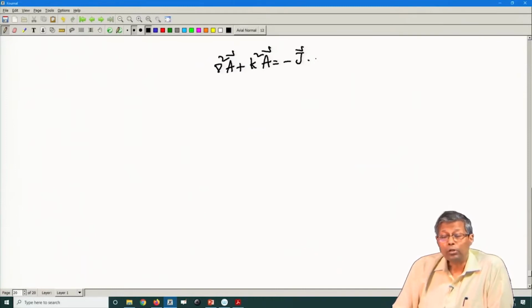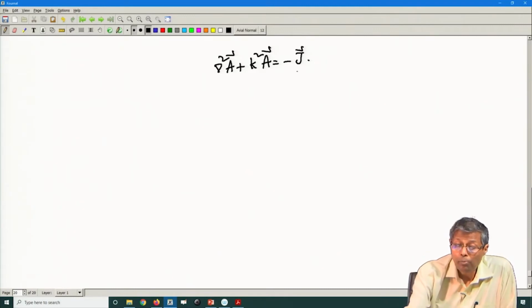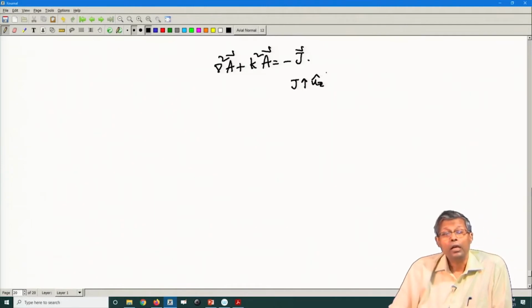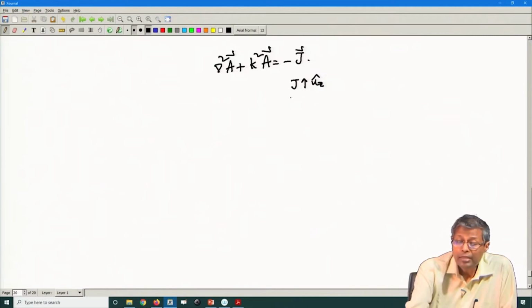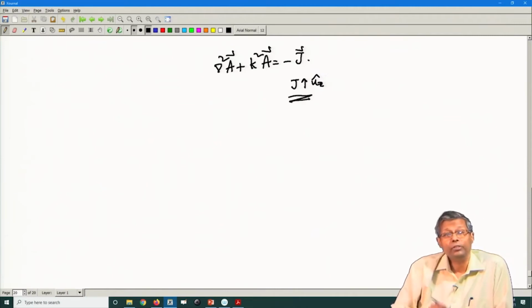For a particular polarization of this source, say if this source is Z directed, it will generate a particular nature of field. So, I repeat this, if J is oriented in a particular way, if J is Z directed, it will generate a particular nature of field, let us say a transverse magnetic to Z mode.